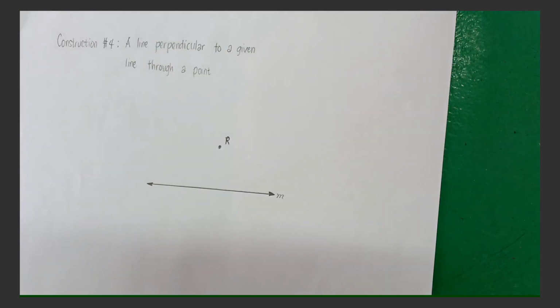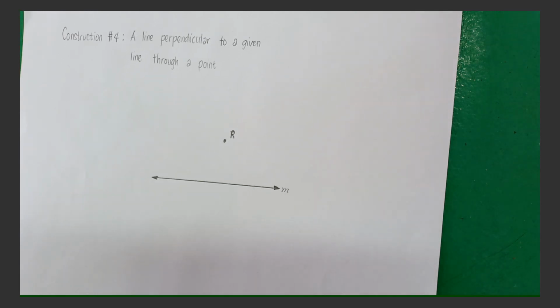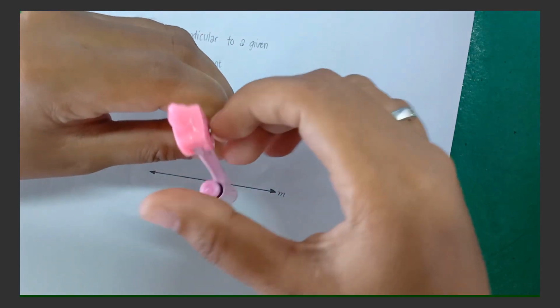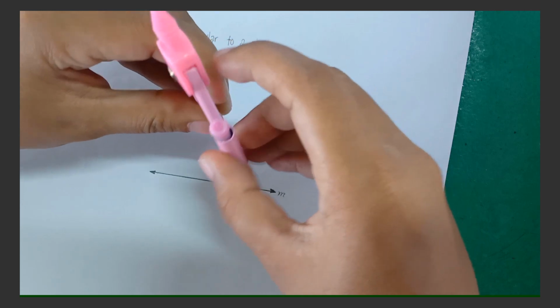Step 1, place the compass on the given external point and set the opening of the compass to approximately 50% more than the distance to the line. The exact width does not matter. Like this, approximately 50%.